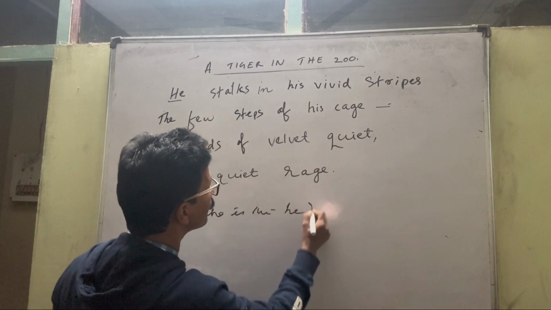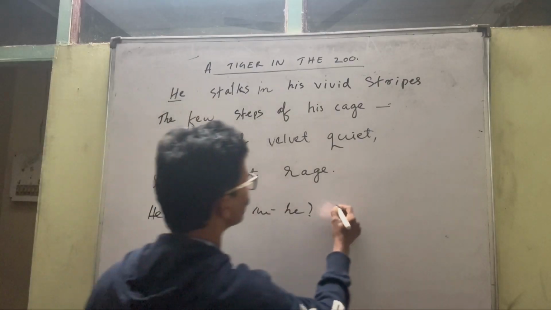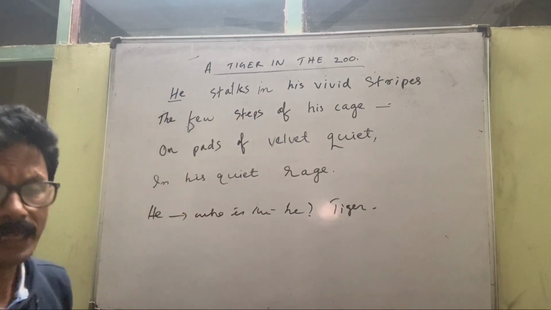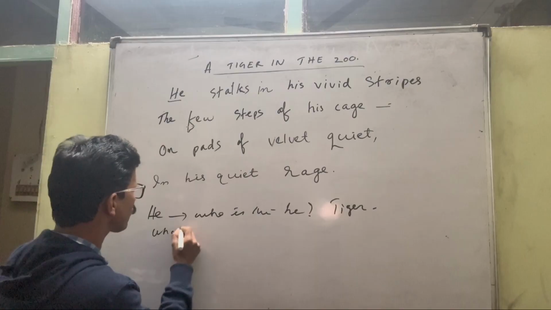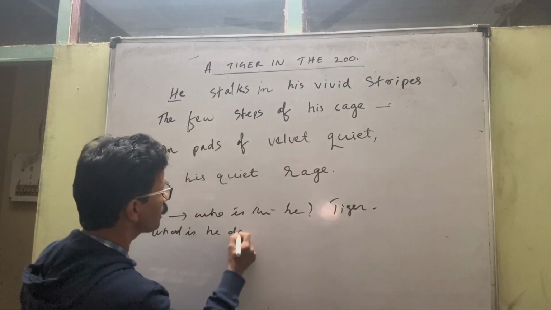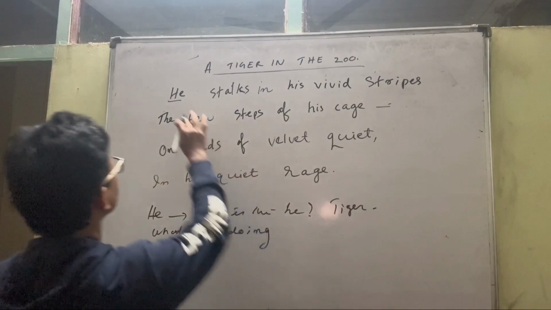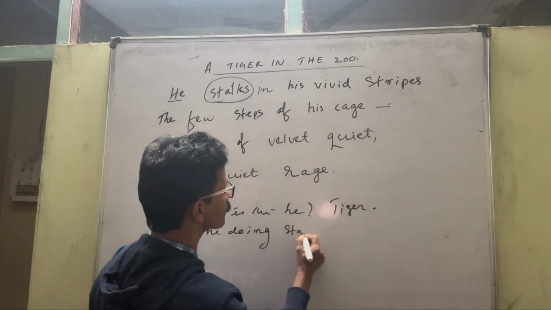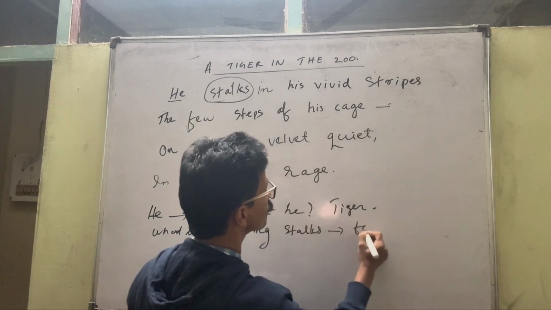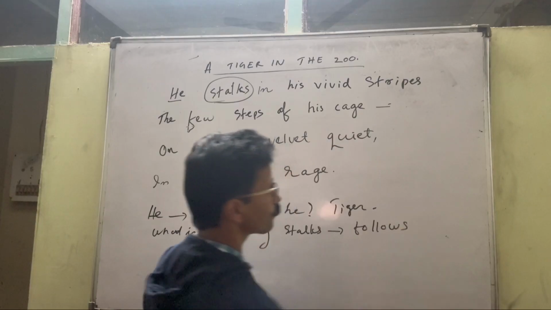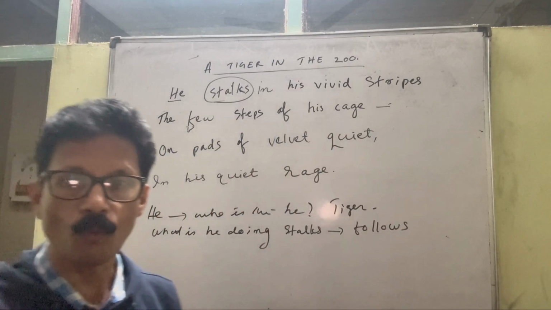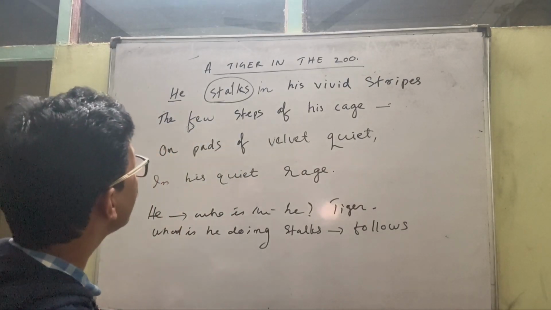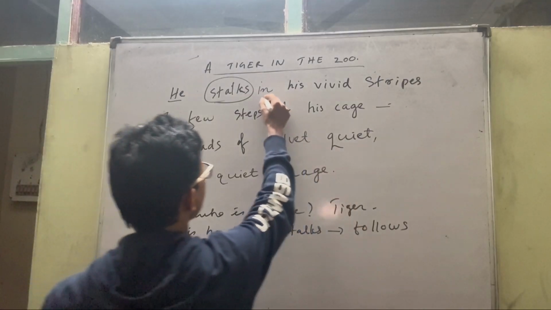Who is the he? He is the tiger. What is he doing according to the poet? He stalks. What is the meaning of stalks? Follows. He walks, he advances.